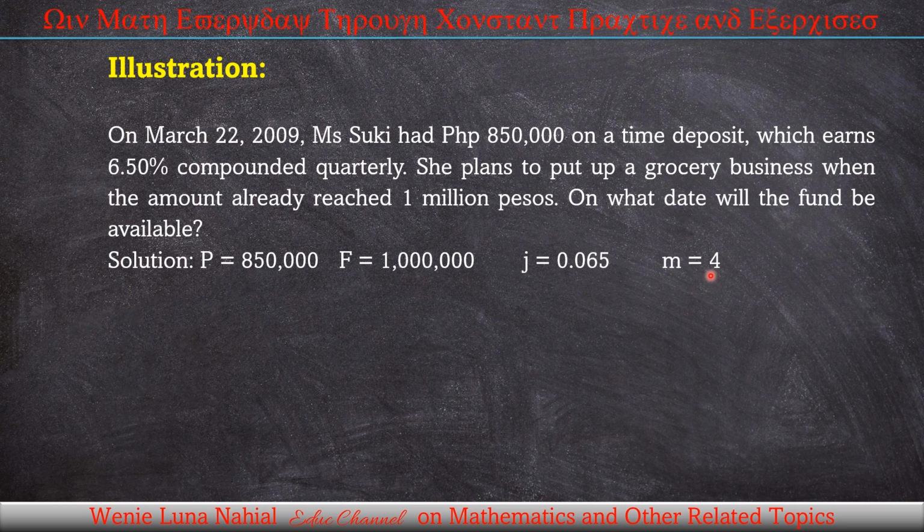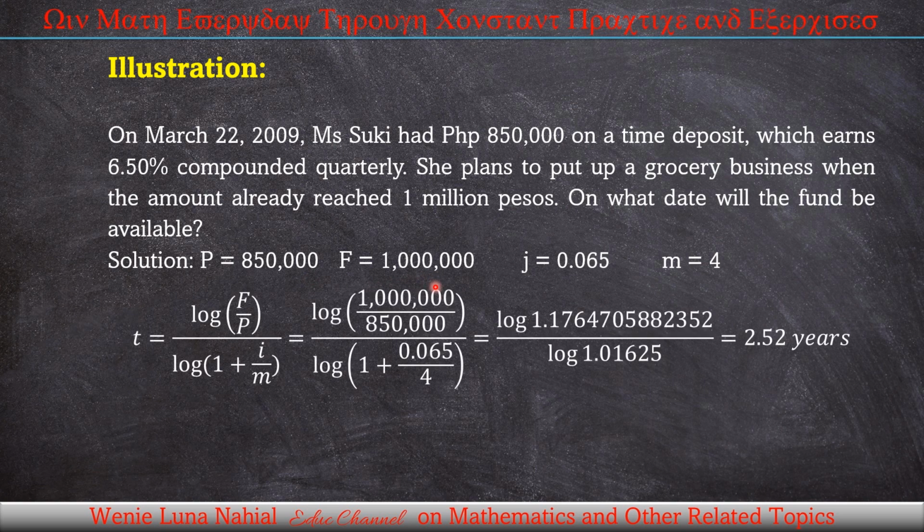And there are 4 conversion periods in a year because it is compounded quarterly. Then we are asked to determine the date this 1 million pesos is available. So we have to use the formula.